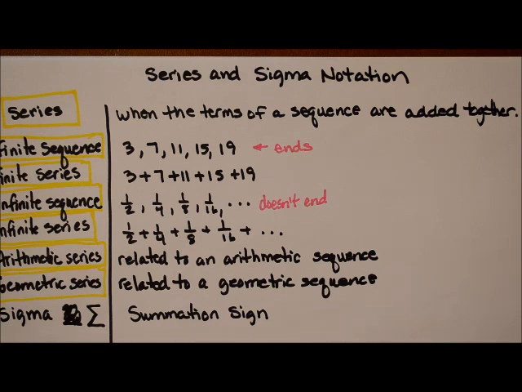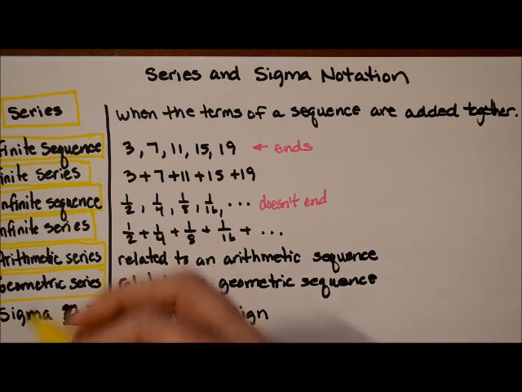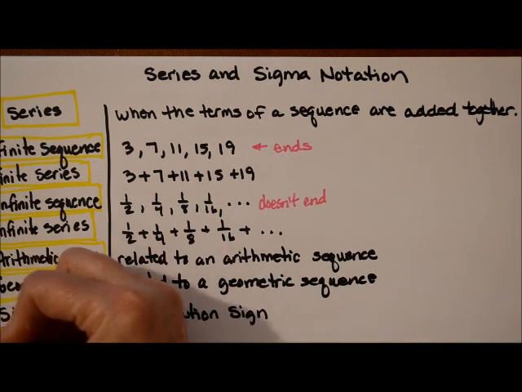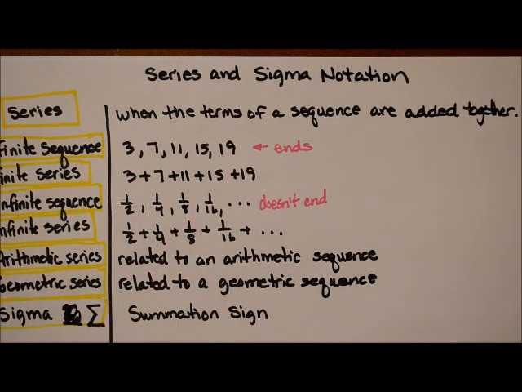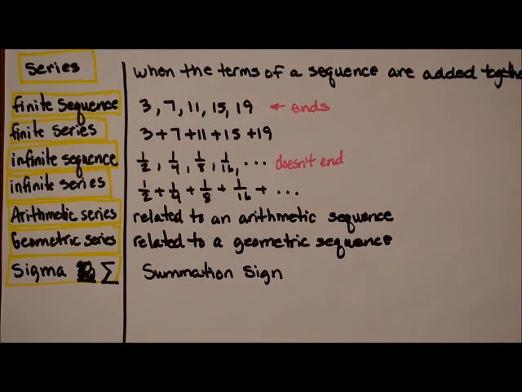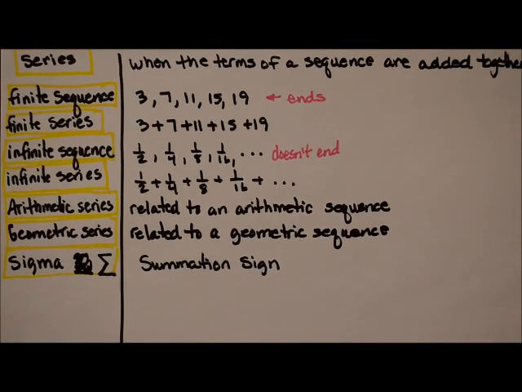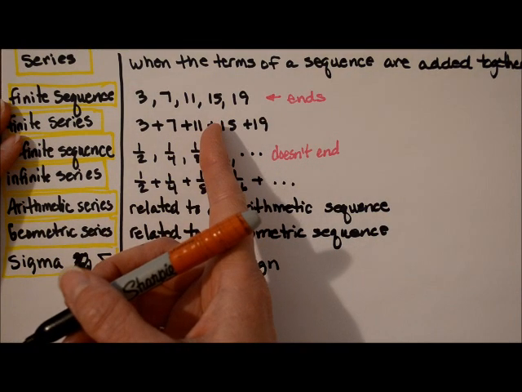There are two forms of this sigma, and again, this is another definition. Okay, there's two different things they might ask you for. They might ask you for expanded form, which is this.